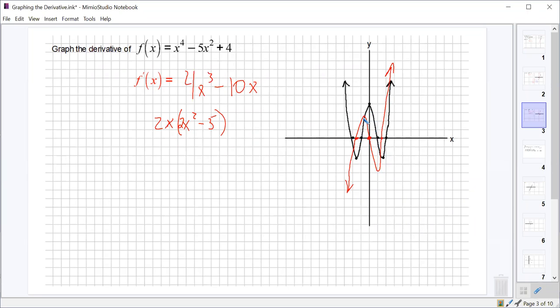So anywhere where my derivative has a local max or a local min is telling me that my original function is changing from being concave up to concave down. I said those backwards, but concave down to concave up, or vice versa. So this particular one, we started concave up, we switched to concave down, then we switched back to concave up.